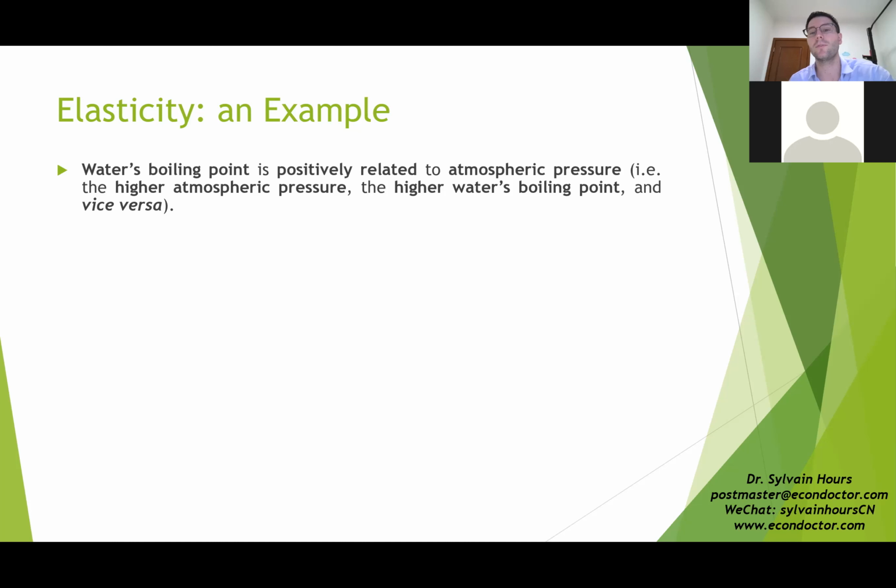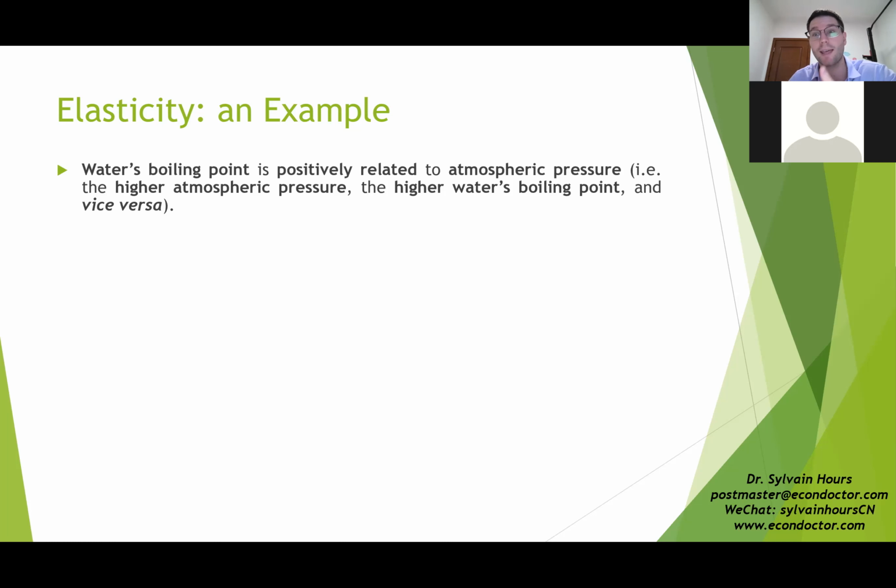So here, same thing. The first thing that we should think about is, okay, when I have these two variables, which one causes the other? Is it the water's boiling point that causes the atmospheric pressure, or is it the atmospheric pressure that explains the water's boiling point?